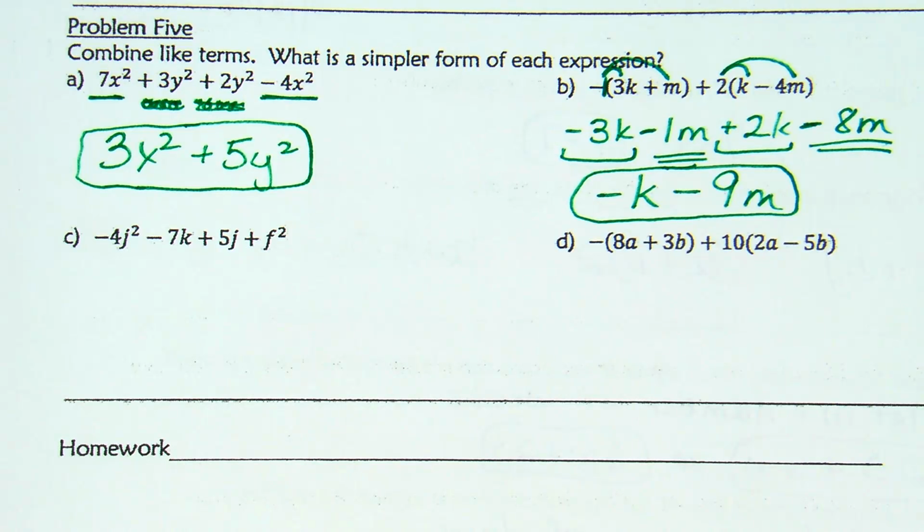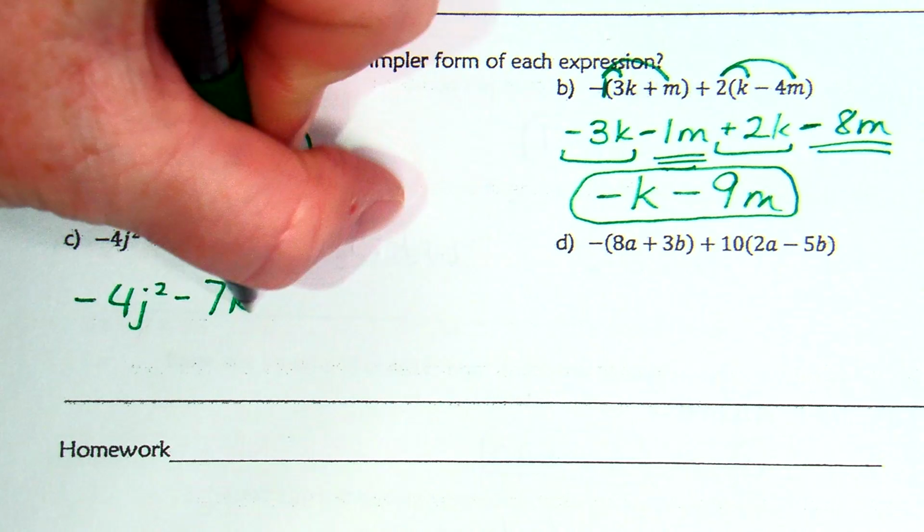Let's finish this one real quick. Negative of 8a plus 3b, plus 10 times 2a minus 5b. We see those parentheses, so in this situation, we know we have to distribute. What are we distributing on this first parenthesis? A -1. When you distribute that negative, what does it basically do?